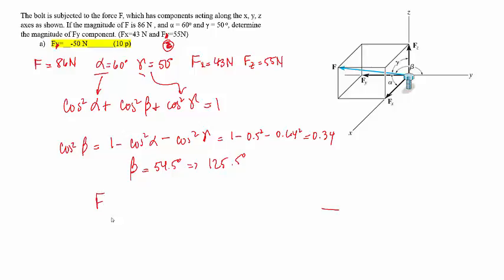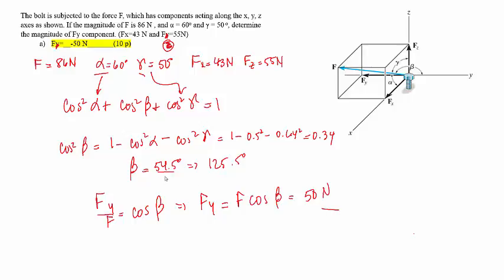So anyway, now you can calculate Fy over F equals cosine of beta. So Fy would be F cosine of beta. And this is 50 newtons.